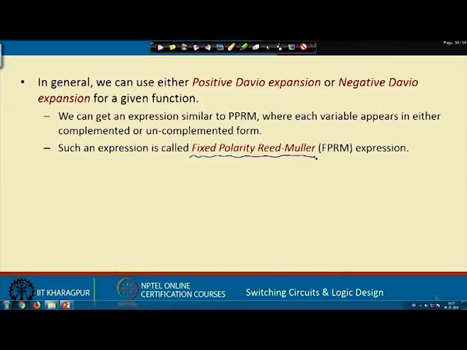If you have that kind of a restriction in place, then you can have something called fixed polarity Reed-Muller expansion. Here we can use a combination of positive Davio and negative Davio kind of expansions, where as I said each variable will appear in either complemented or uncomplemented form, but not both. Okay. Let us take an example.